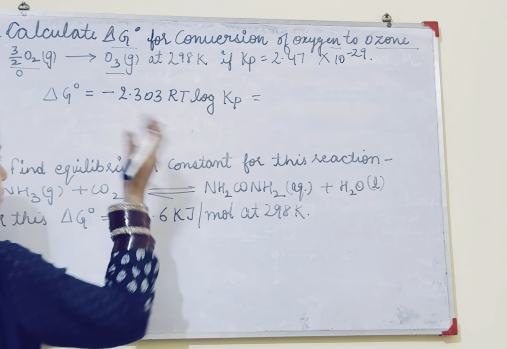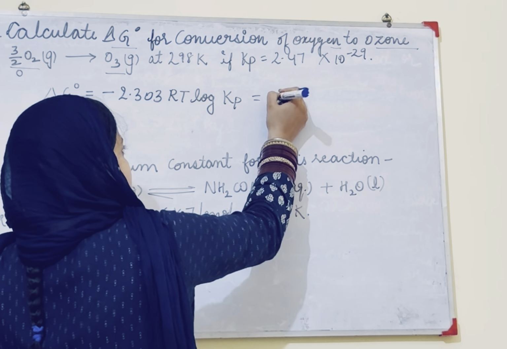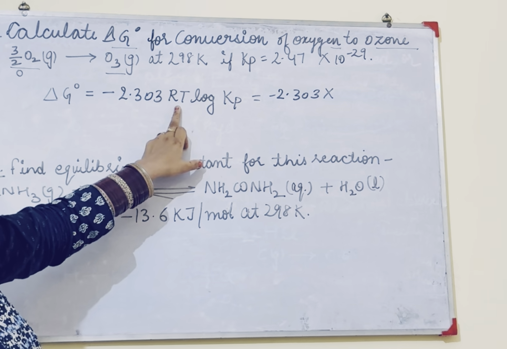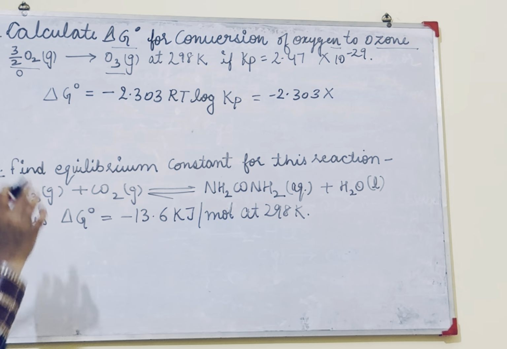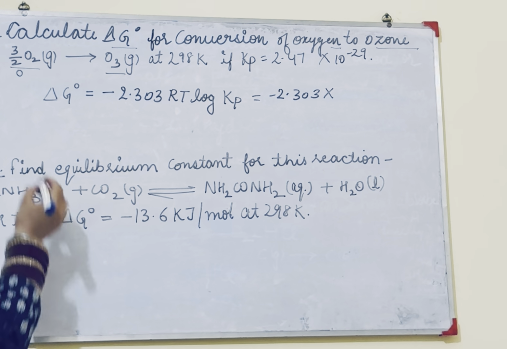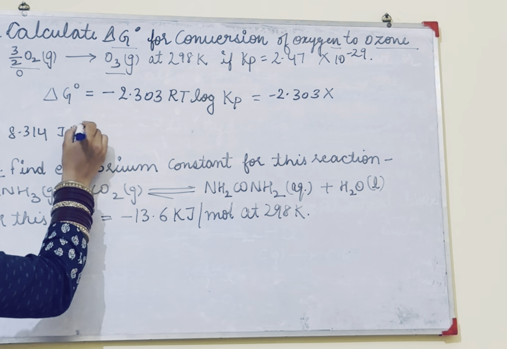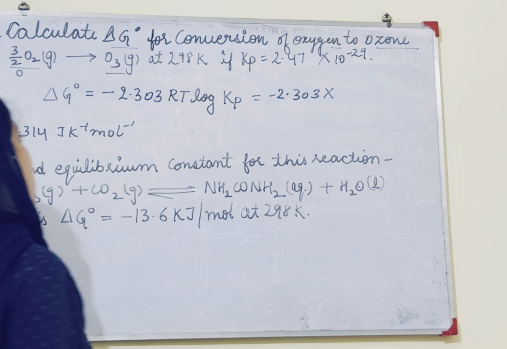Now on putting the values, you will get the value of this delta G naught. Minus 2.303 multiply. Here R is the gas constant. Here you see we have to calculate delta G in joule. So we take the value of R as 8.314 joule per Kelvin per mole because here the temperature is in Kelvin.